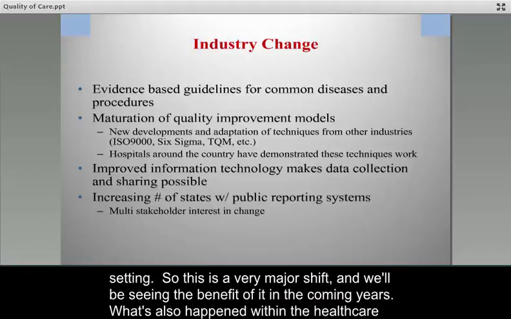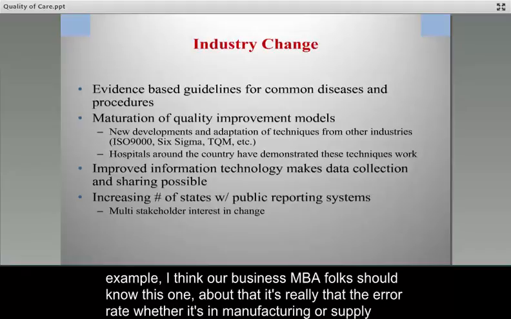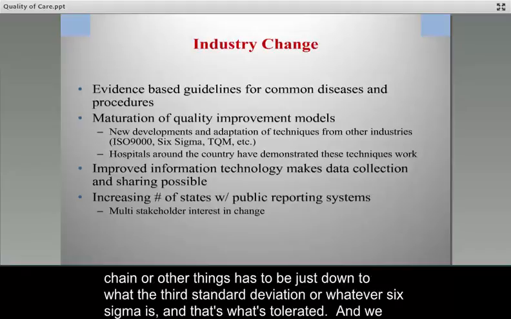What's also happened within the healthcare industry is an adaptation of some of the quality improvement models used in other industries. Six Sigma, for example, which I think our business MBA folks should know, is really that the error rate, whether in manufacturing or supply chain or other things, has to be down to a very small standard deviation.